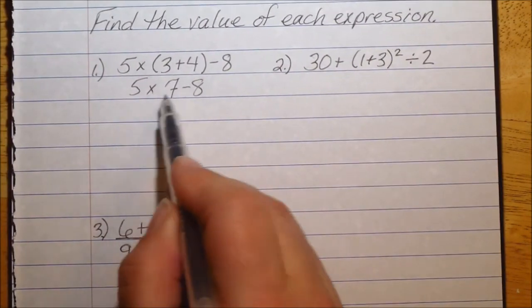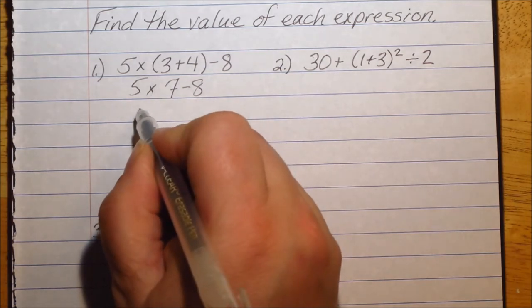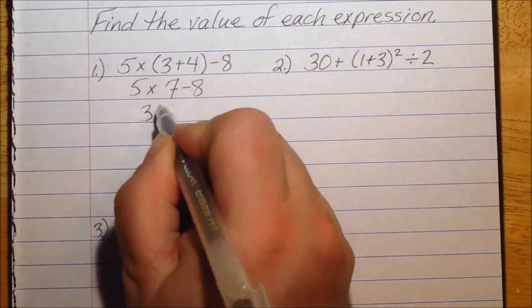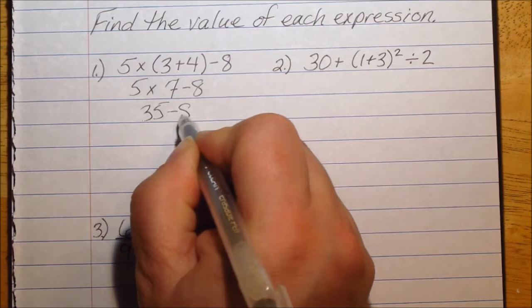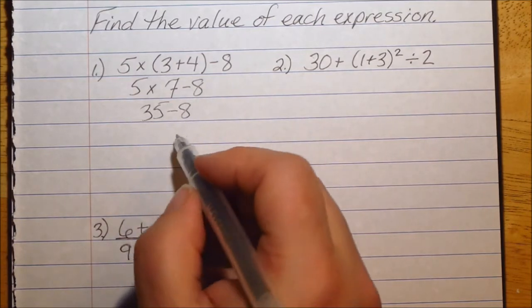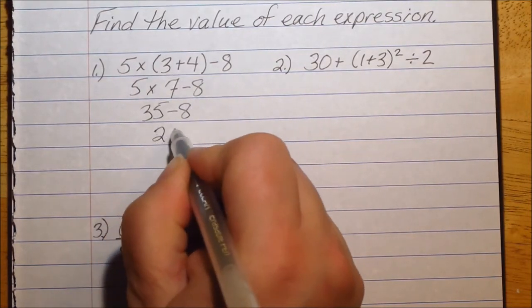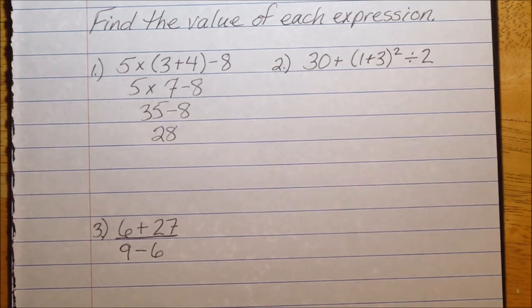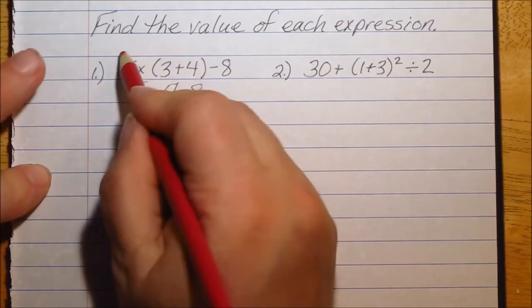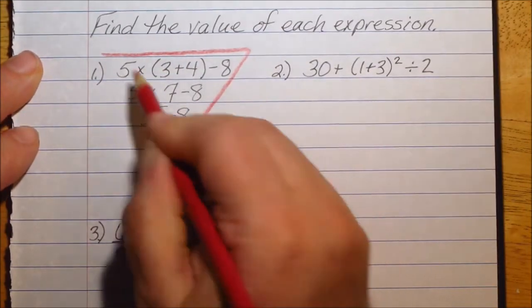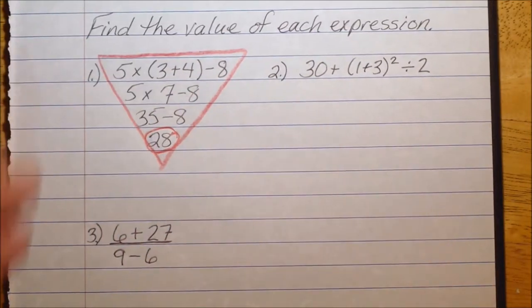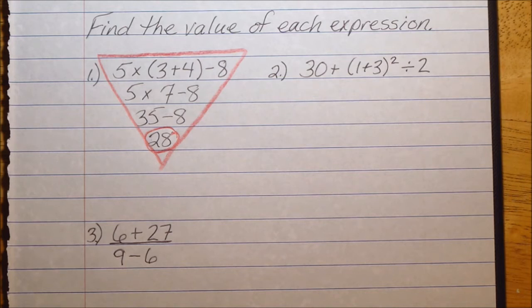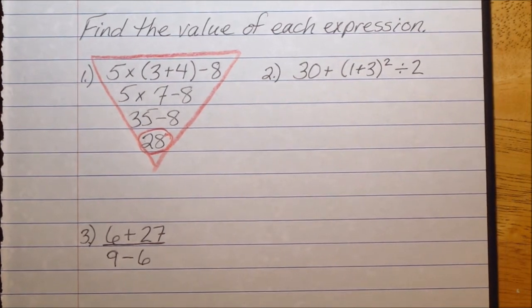And my first operation here is multiplying. So 5 times 7 is 35. Bring down the rest. And 35 minus 8 is 28. So that's my final answer on that one. So I'll circle that. Got my PEMDAS triangle because I worked everything one step at a time. All right, so that's how number 1 works.